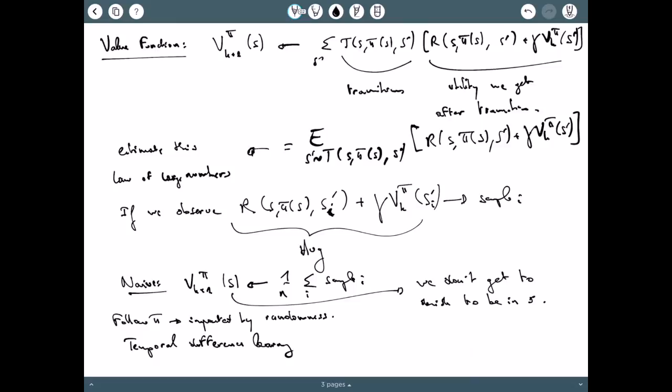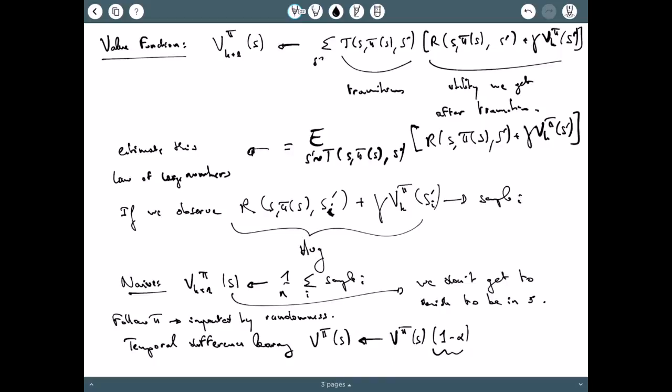As we get to a certain state S, we make a decision and see what happens next. So we get our sample here. And all that we're going to do is use this update for S. We re-inject the old value, but we are not going to give it a weight of 1, only 1 minus alpha.